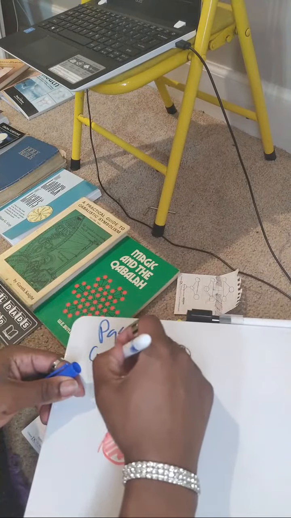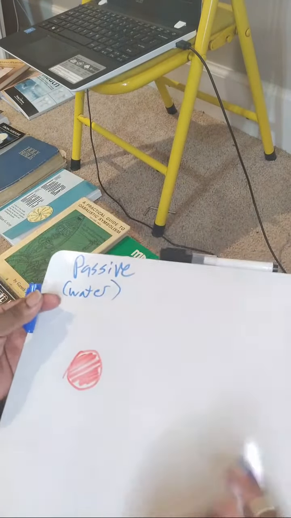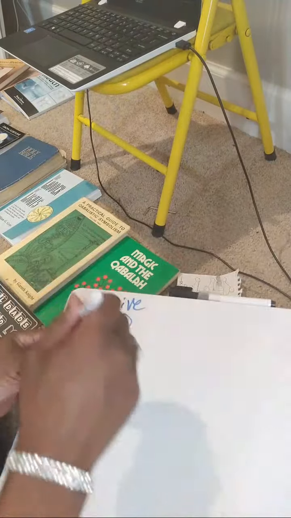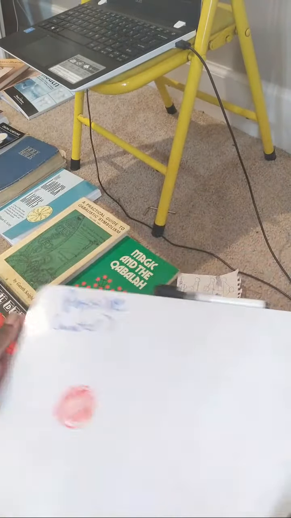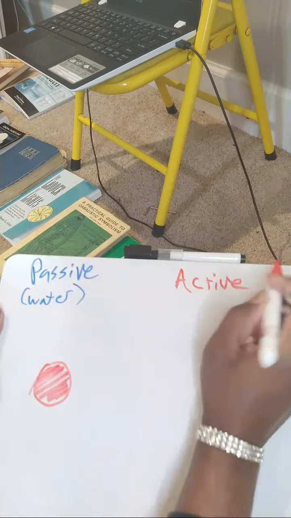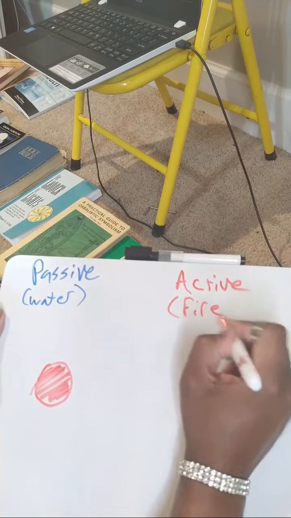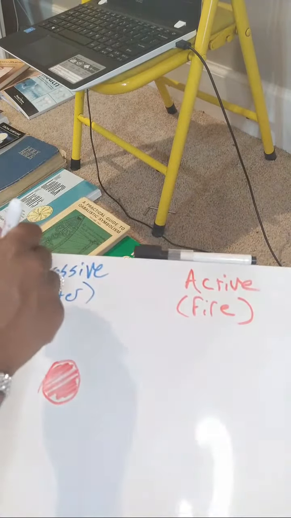Passive, which if it had to relate to anything, it would relate to water. And on the other side would be the active pillar, which would relate to fire. The middle would relate to air, and Malkuth itself would relate to earth.